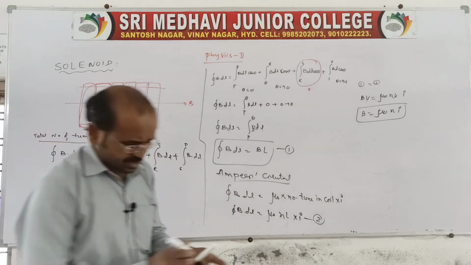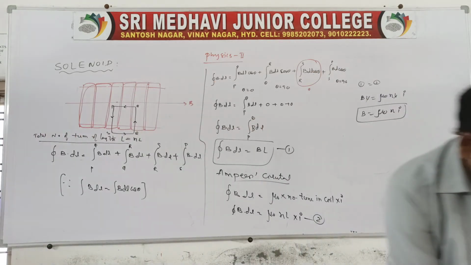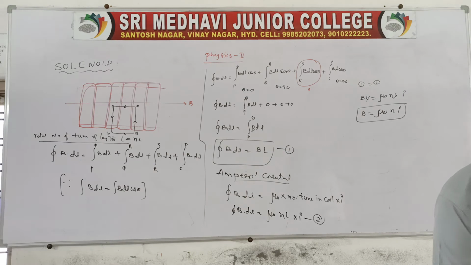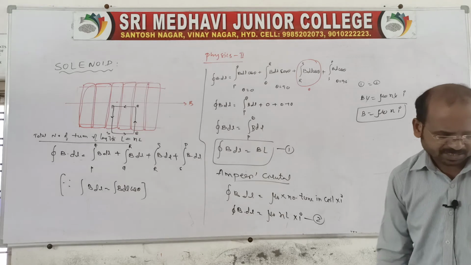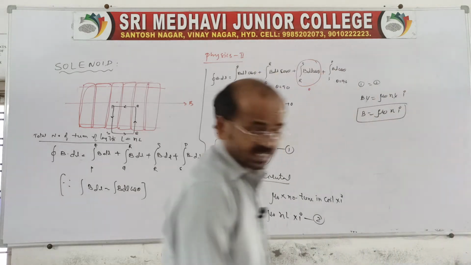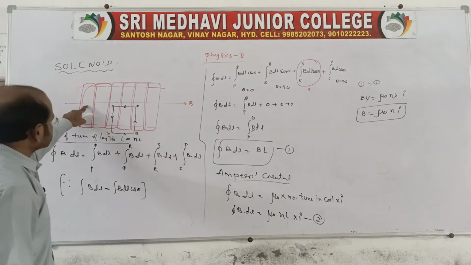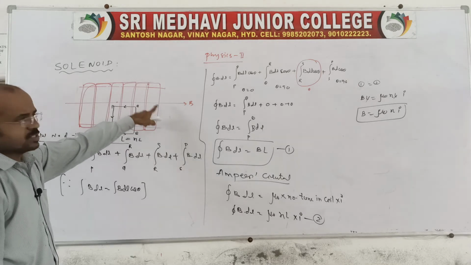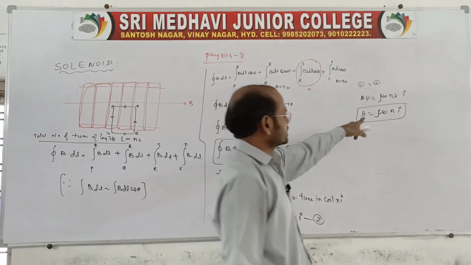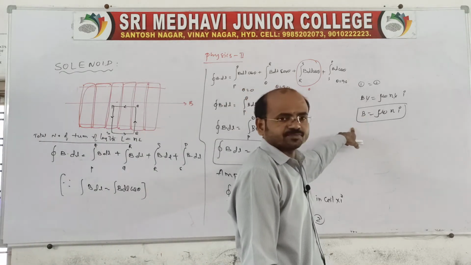B is equal to mu naught N I is the relation which is along the axis, or along the center of the solenoid, which is to be maximum. The relation gives the magnetic field induction which is to be maximum along the axis of the solenoid. So that B is equal to mu naught N I is the final answer for the solenoid.